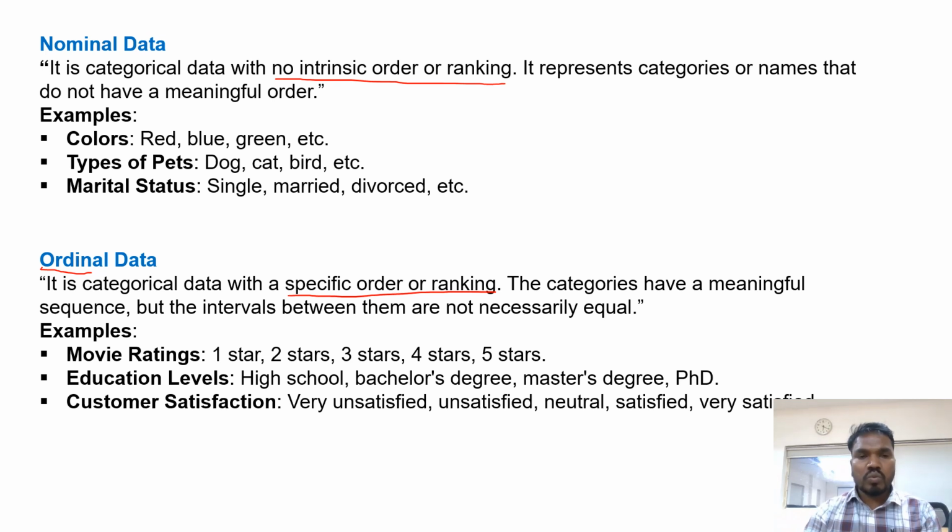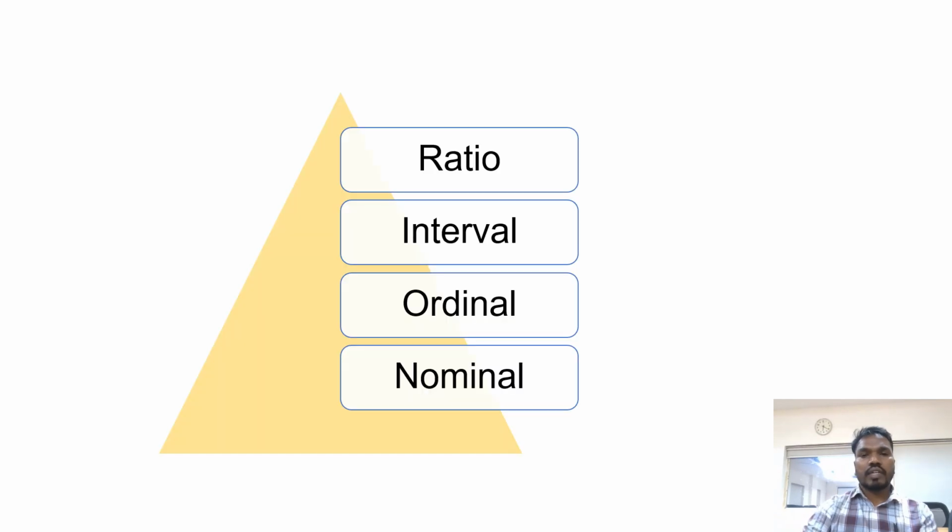When you understand the types of data and the definition of data, it is also very important to understand the levels of data. These quantitative and qualitative data together can be measured and put in terms of levels, like which one is the highest and which one is the lowest.